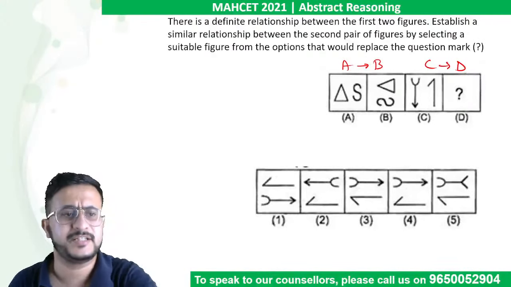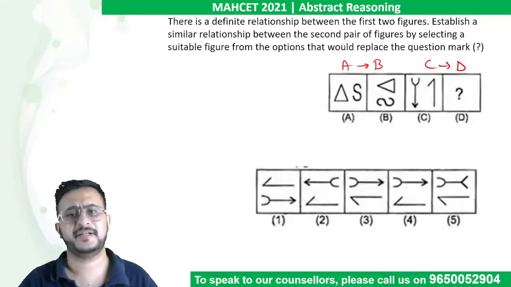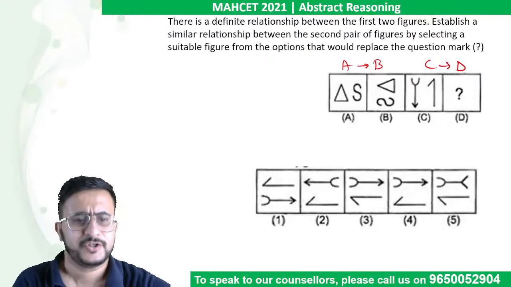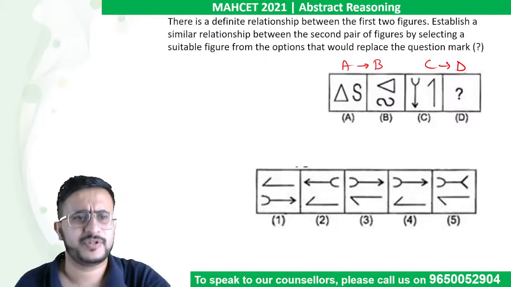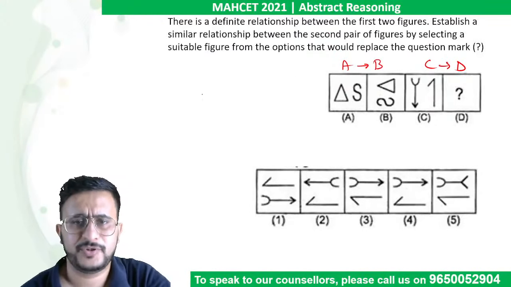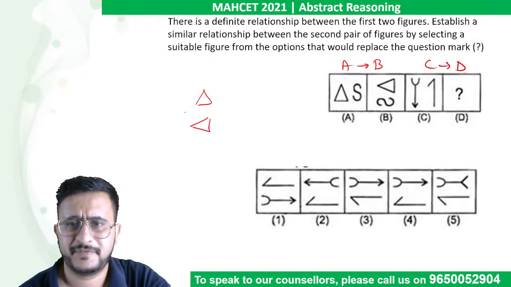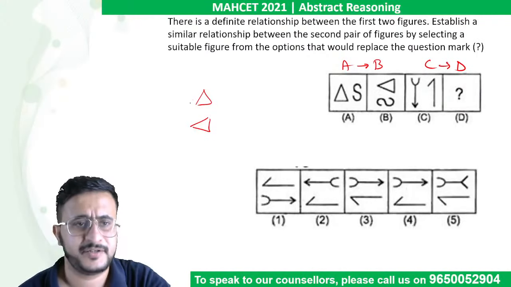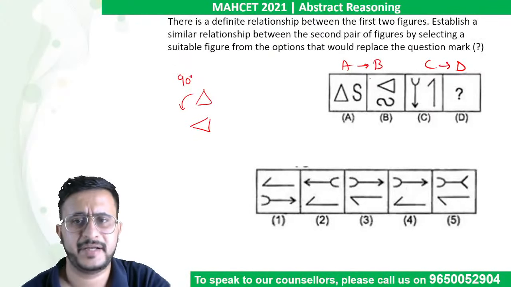So let's look at the first and the second image, and we'll replicate the same with it. In the last class we did read about those mirror and water images. So if you see what is happening to the triangle, the triangle is getting rotated by 45 degrees. No, sorry, 90 degrees. If you rotate it by 90 degrees in this direction, you will get this. So this is getting rotated by 90 degrees.